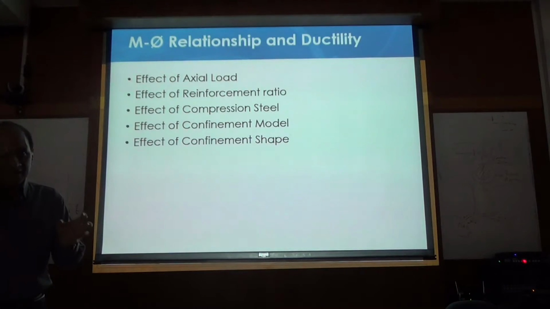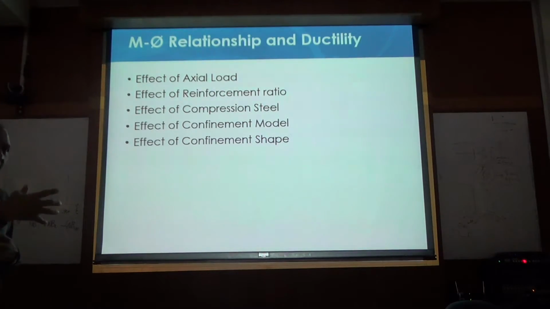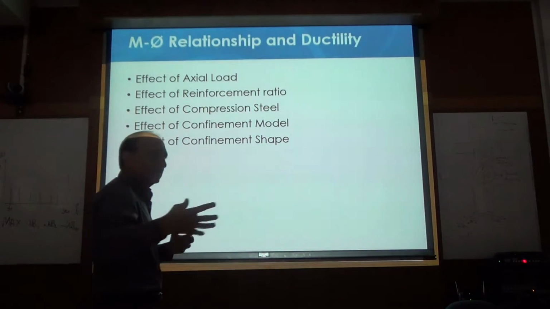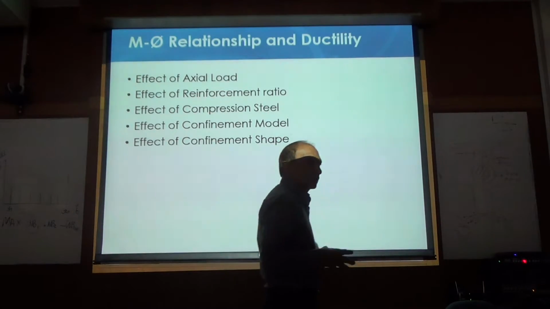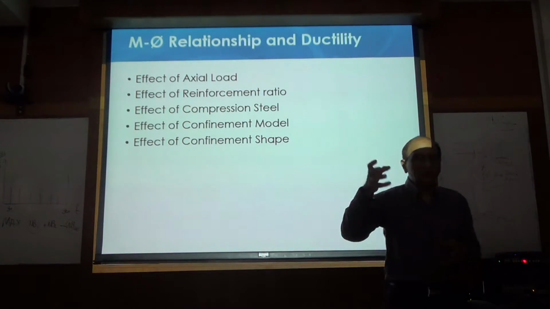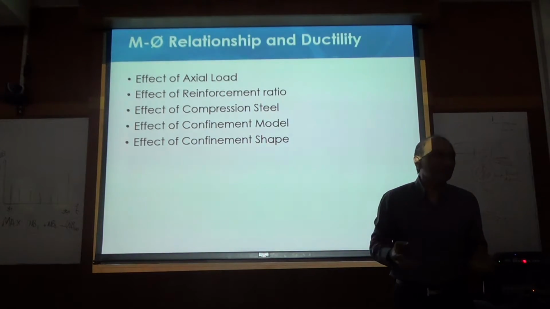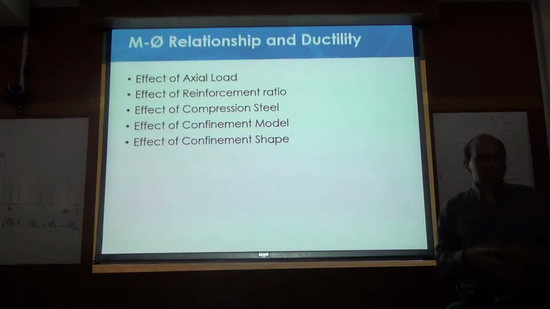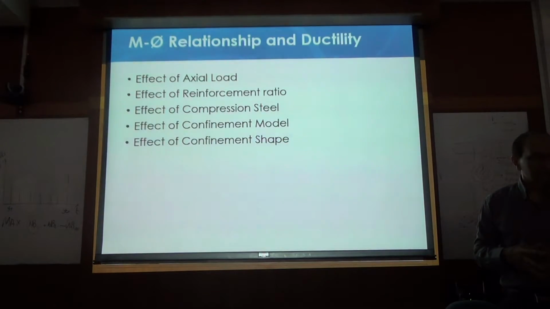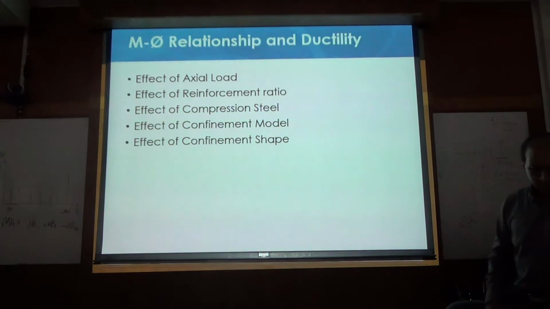So you can identify those columns and you can put more ductility in them than the other columns. So you can design or distribute your ductility looking at the axial load distribution of the columns in the building. So it needs careful thinking, but basically you can instruct your structure to behave in a certain way by using these concepts.